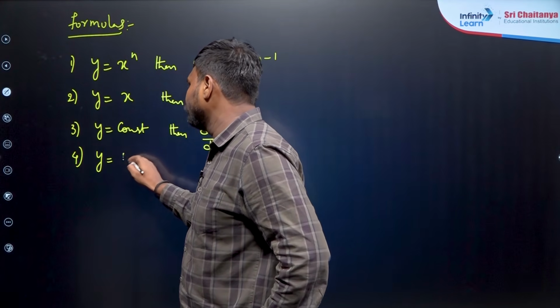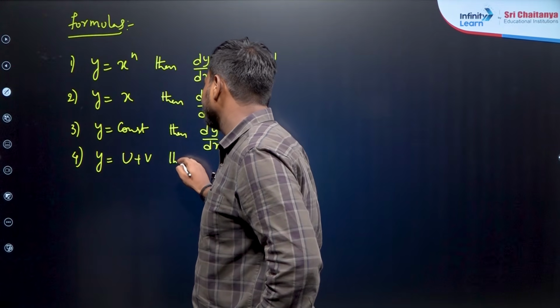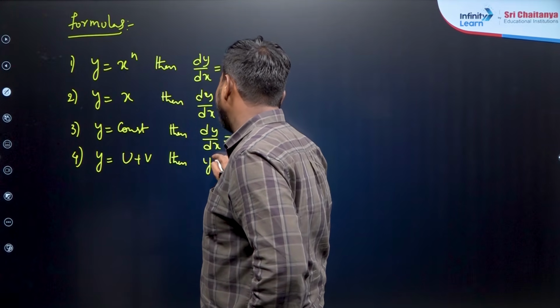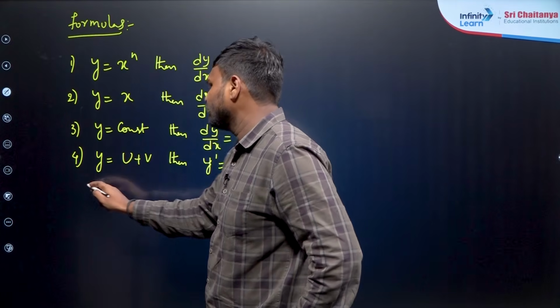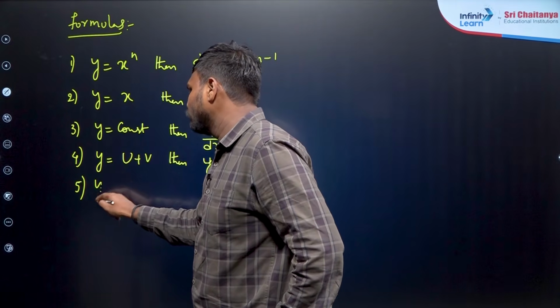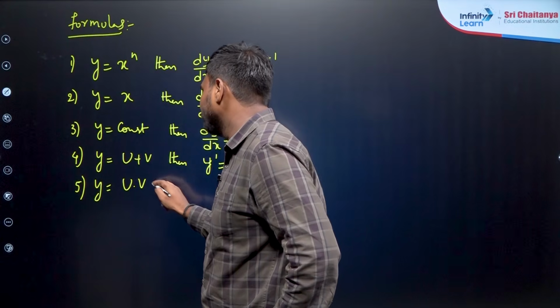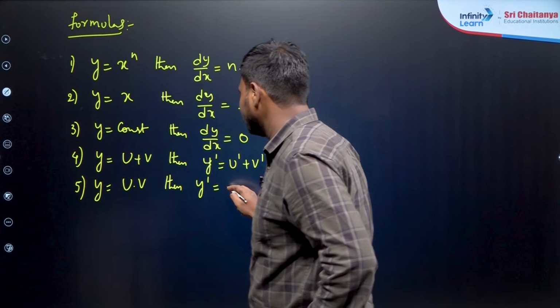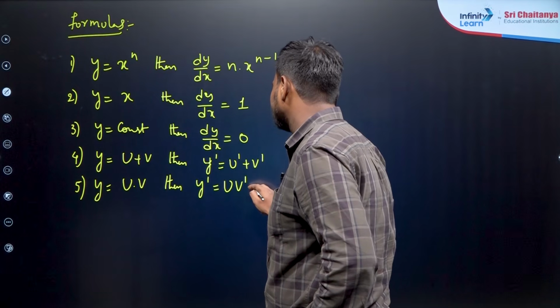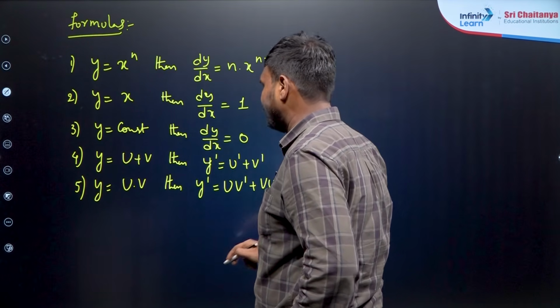Next, y is equal to u plus v, addition, then y dash is u dash plus v dash. Next, y is equal to u into v, y dash is u v dash plus v u dash.